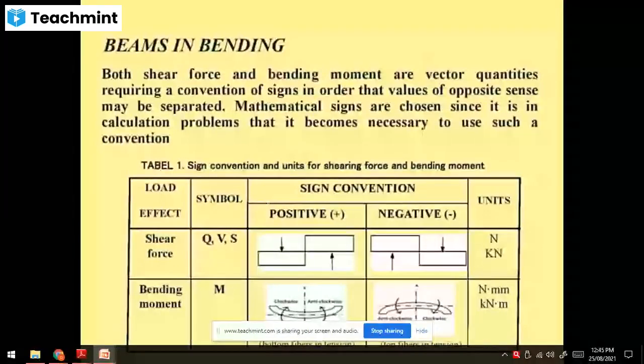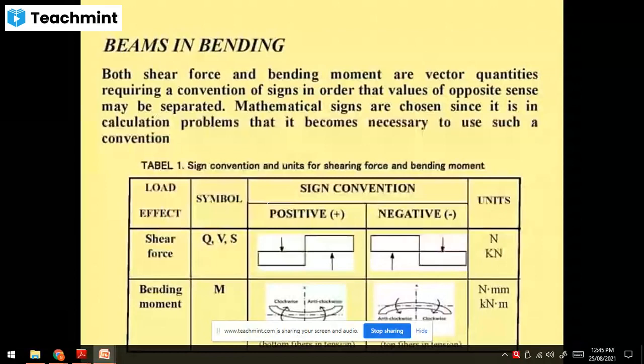We have to find the SFD and BMD for all types of beams, whether simply supported, cantilever, or fixed. We also need to know which type of loading it is and how it is converted from one form to another before calculating the shear force and bending moment.